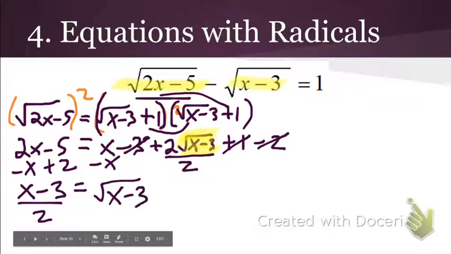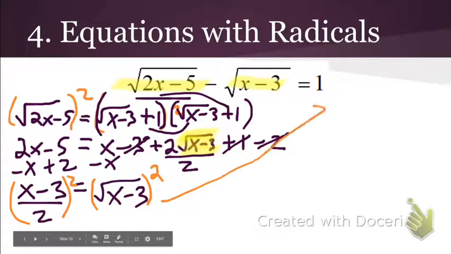Now we can square both sides and get rid of the last radical. So that's why I have to get rid of one at a time. Alright, so then we're going to have x minus 3 squared, which is x squared minus 6x plus 9 over 4 is equal to x minus 3.